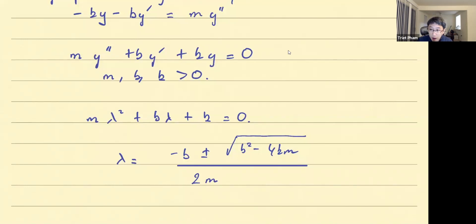But either way, because B is positive, and M is positive too, minus B over 2M here is going to be negative.